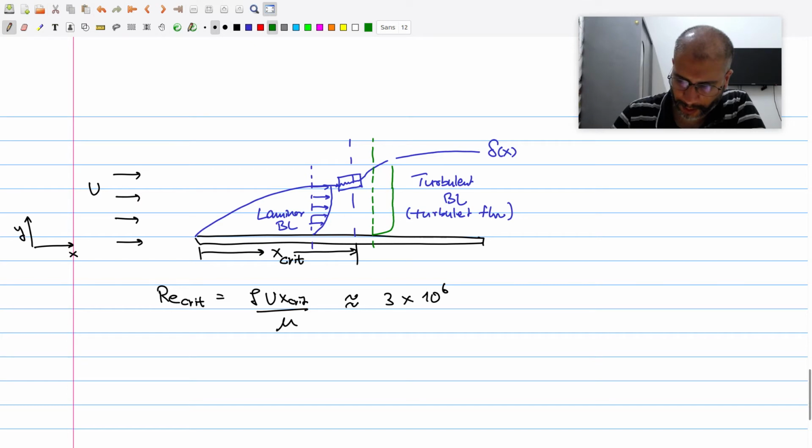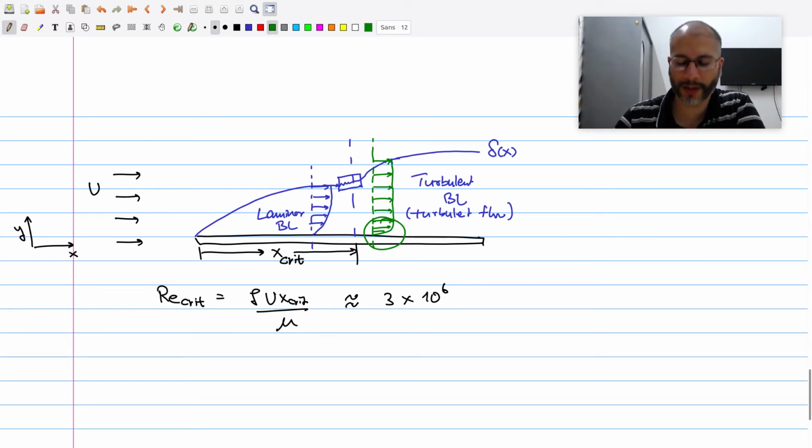Of course it is not. I mean, it increases and it reaches a value of 0.99 times u here. That is the reason we are defining a delta. So the delta definition is the same for both turbulent and laminar regions. It is just that in this region there is a very sharp increase.